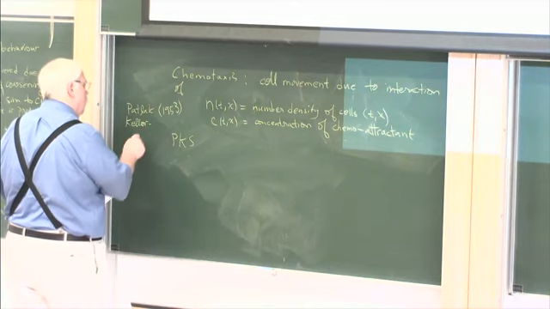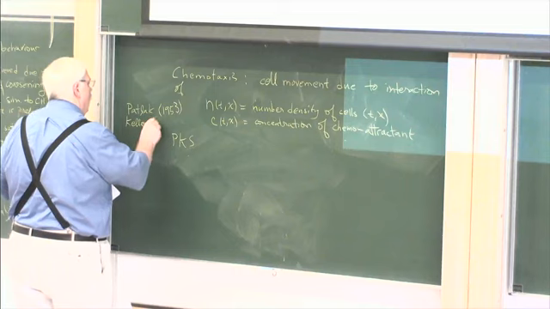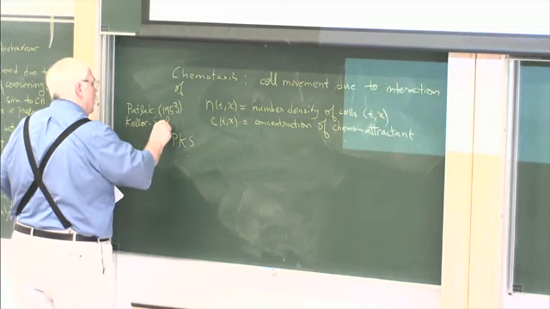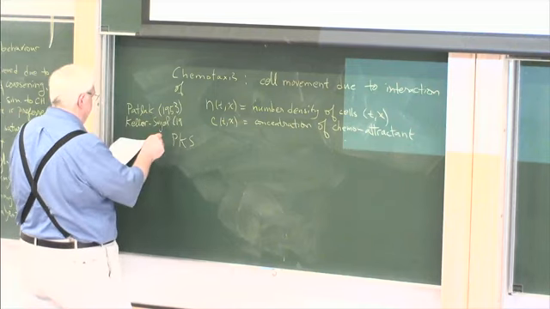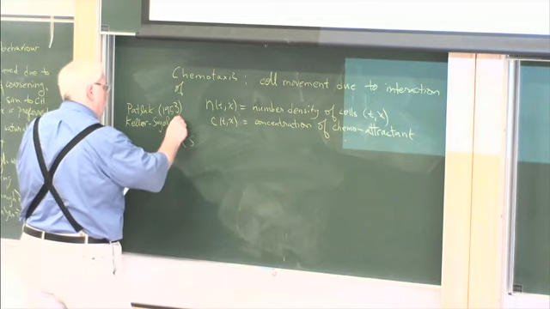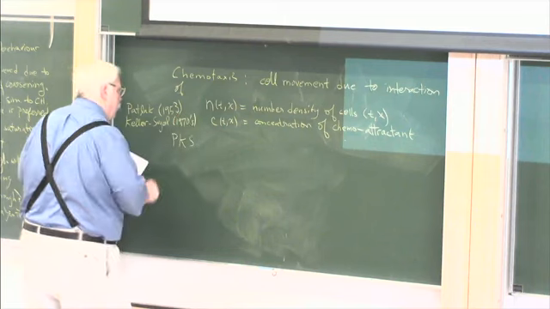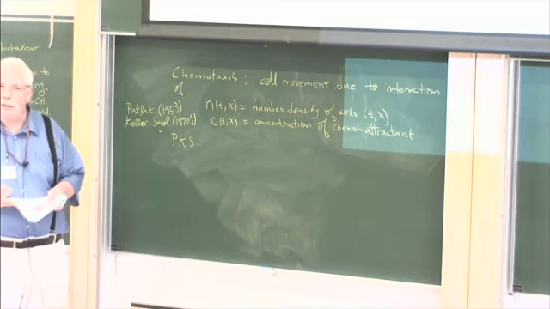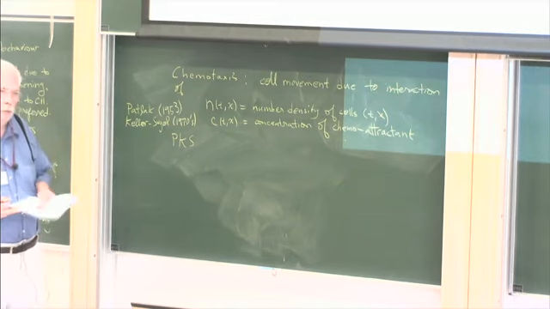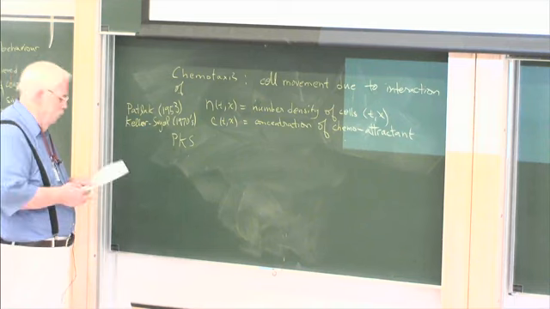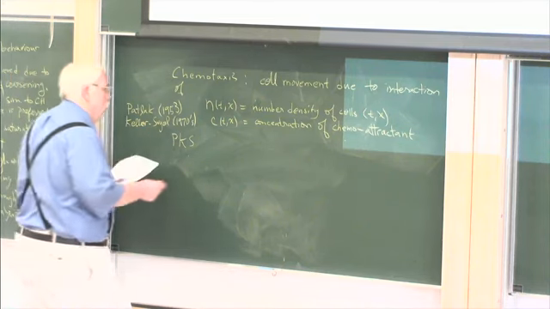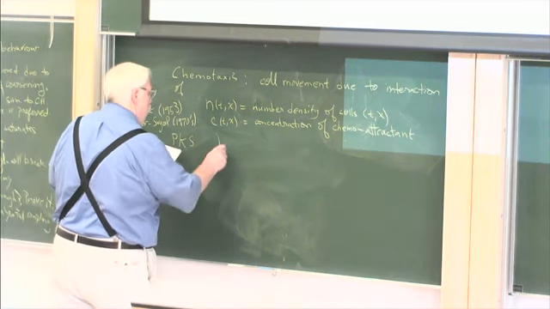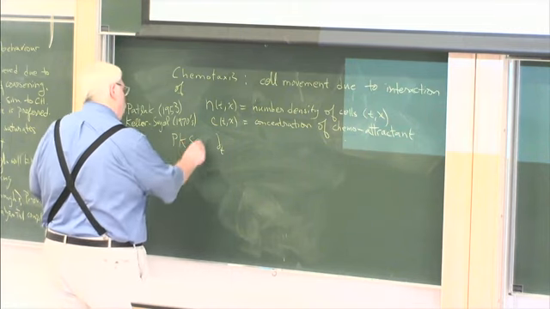Somebody else noticed that this was an interesting model too. Some of us in the room probably knew Lee Siegel, who was a constant modeler. He could model anything. Okay, so here's the model called PKS.